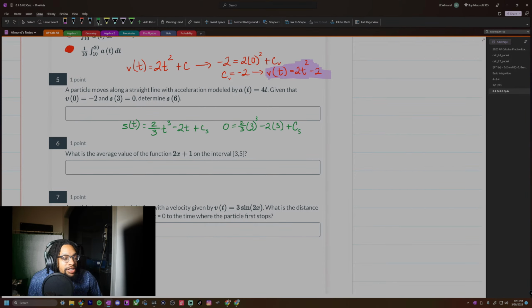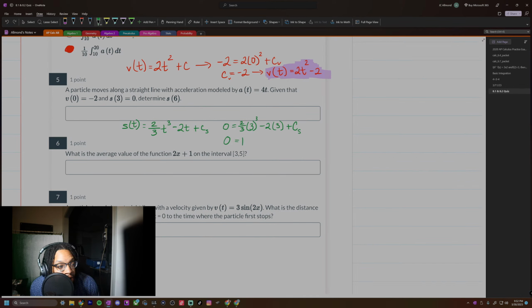All right, now I just got to solve for c sub S again. Let's see. 3 cubed is 27. 27 over 3 is 9. 9 times 2 is 18. That's my first term.